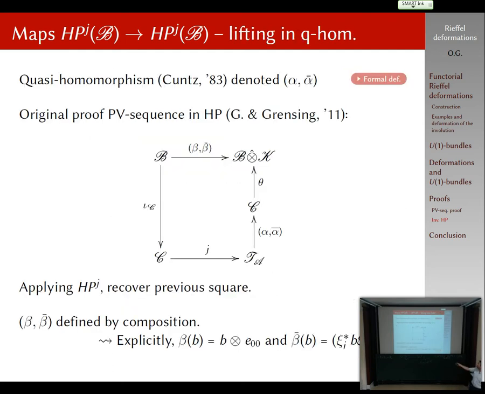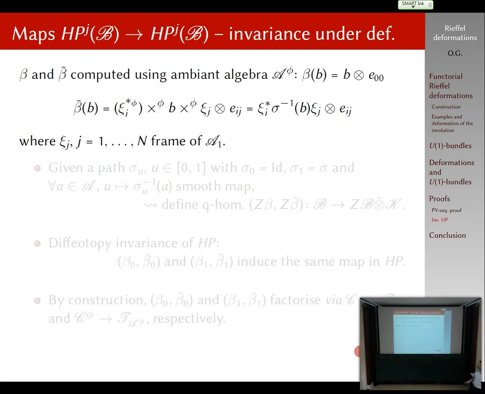So yeah, this computation works for the deformed as well as for the undeformed algebra. The expression which is here is going to be the same, except that the products appearing here are going to be replaced with the deformed product.